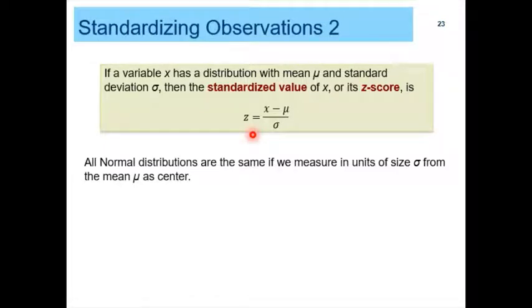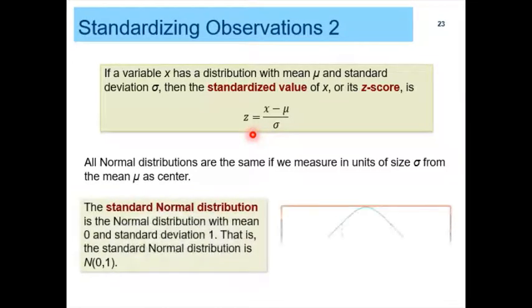All normal distributions are the same if we measure in units of size sigma from the mean mu as center. The standard normal distribution is a normal distribution. We were learning about normal distribution, and now we are talking about the standard normal distribution. In the standard normal distribution, we always have mean 0 and standard deviation 1.